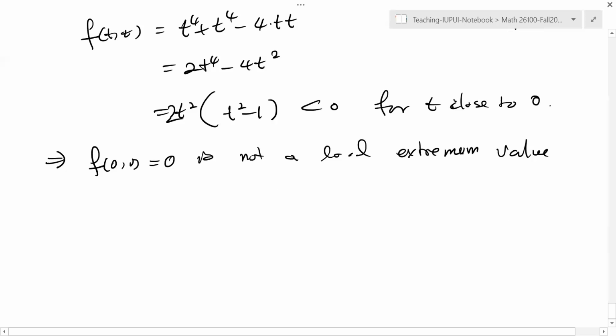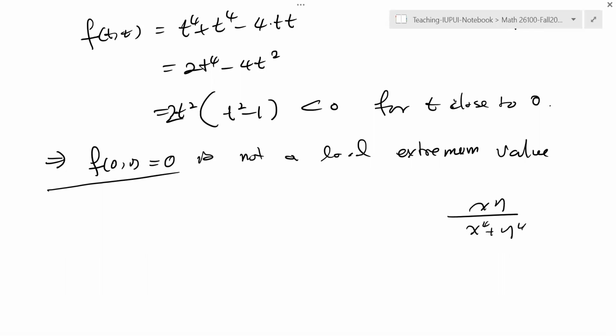Okay, so this is the logic. For example, I remember the problem is xy over x to the fourth plus y to the fourth. How do you prove the limit doesn't exist as (x, y) approaches the origin? Some students say, hey, the limit is going to be infinity, but that's not true. Along the x-axis, when y equals 0, the limit is going to be 0, not infinity.